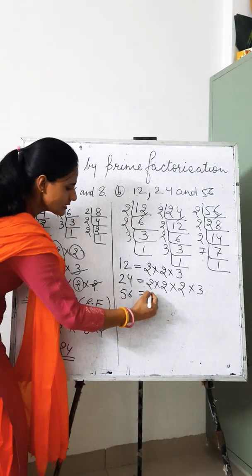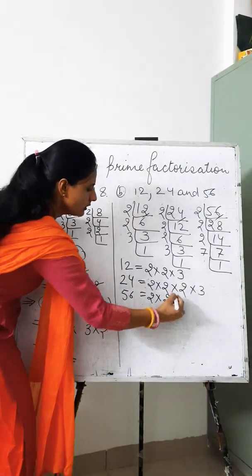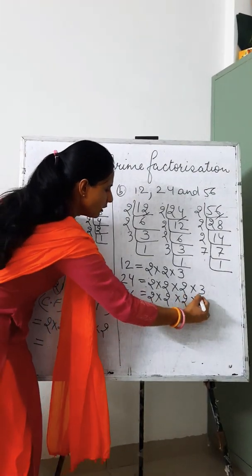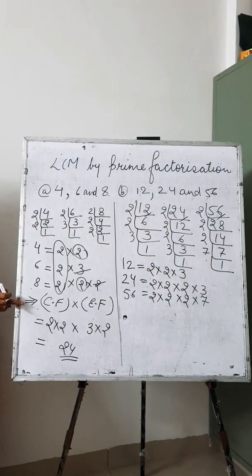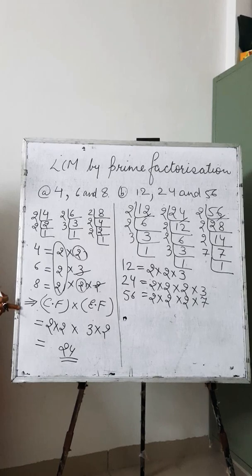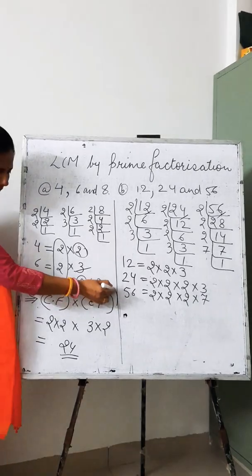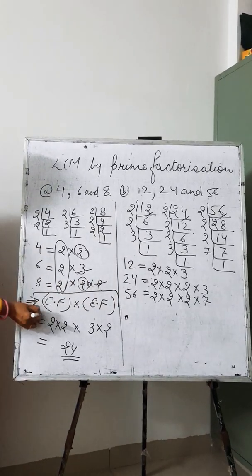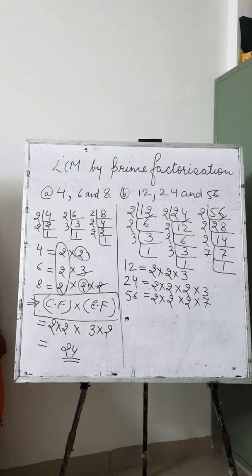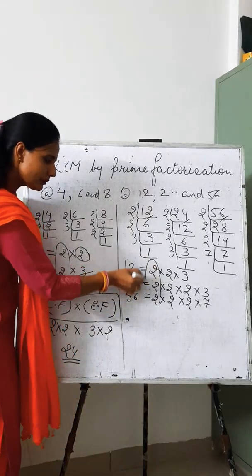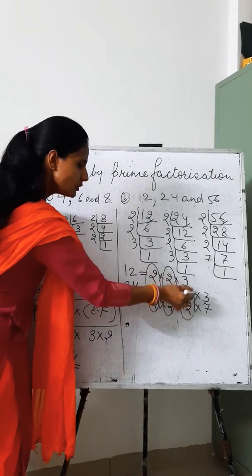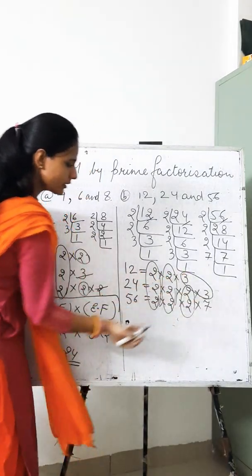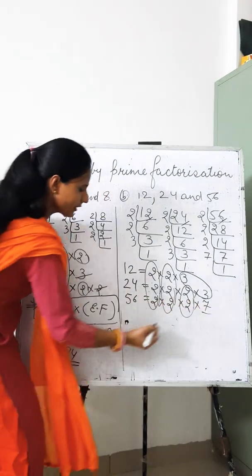Now in 56 it is this one. And as you know, to find out LCM in the prime factorization method, you need to remember this formula, that is common factor multiplied by extra factor. What is the common factor between this 2, this 2, this 2 and this 3? And 7 will be the extra factor now.